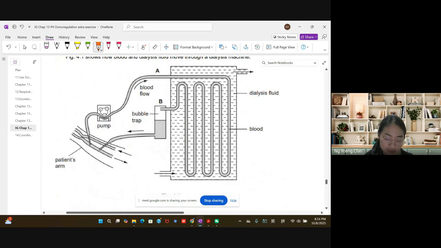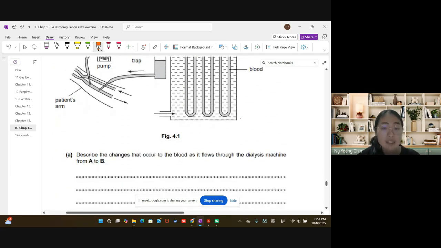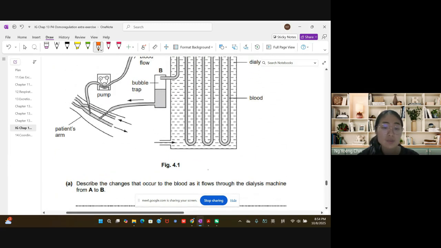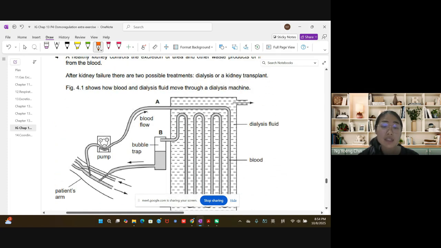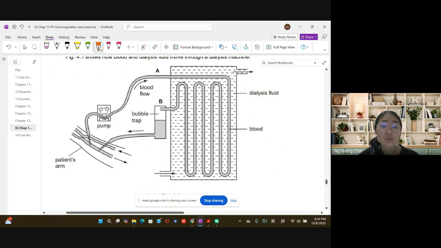Yeah, and then for this one, dialysis machine, just like we just learned about dialysis machine. So I hope you already know how the dialysis machine works. They ask you to describe the change that occurs as blood flows through the dialysis machine from A to B. This one, A, is connected to your artery. And here they connect the blood to the veins.